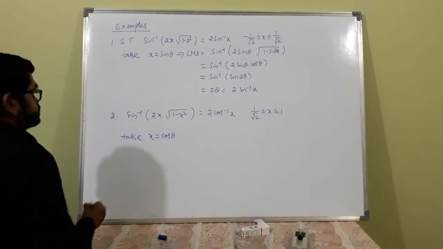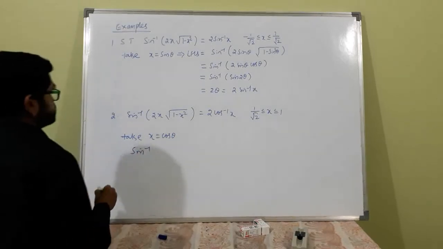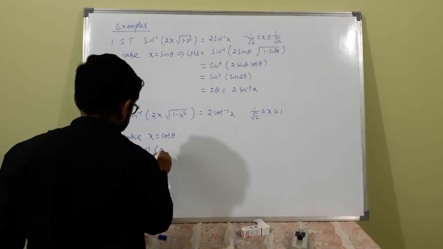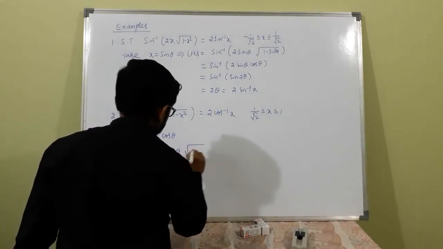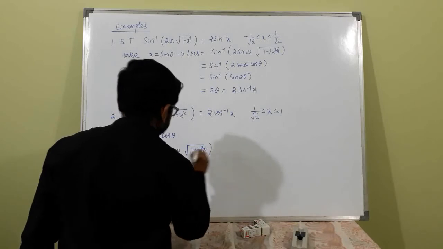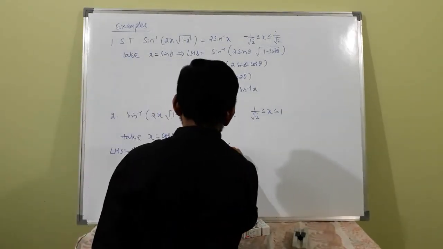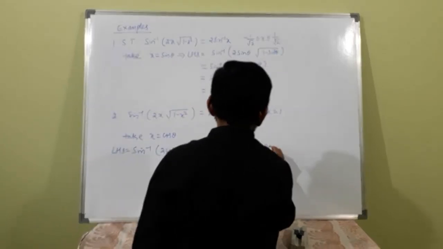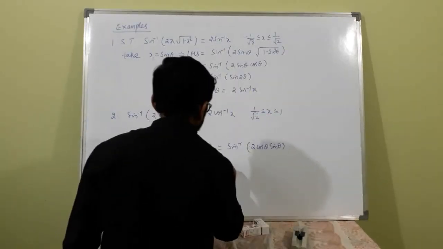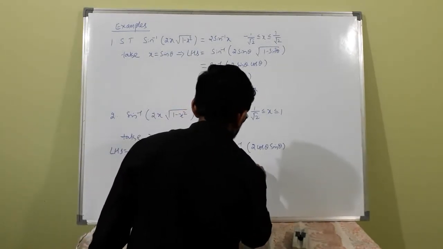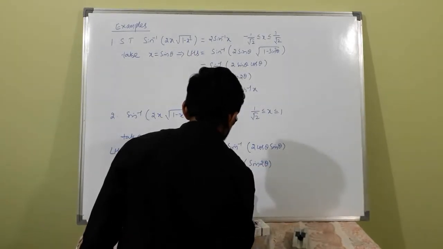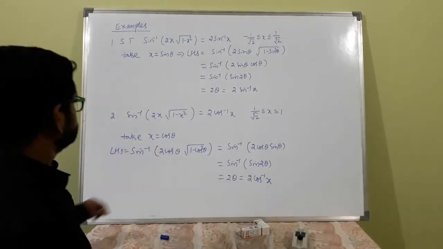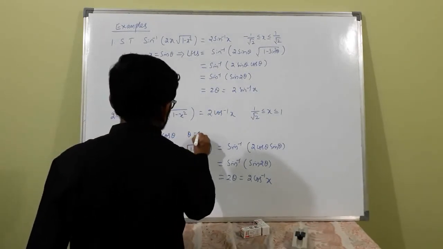If you substitute x is equal to cos theta, sin inverse of 2 cos theta square root of 1 minus cos squared theta, that is equal to sin inverse of 2 cos theta square root of this means sin theta, that is sin inverse of sin 2 theta, that is 2 cos inverse x, because theta is equal to cos inverse x.